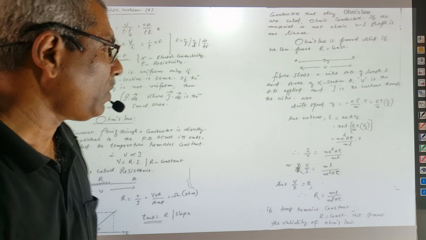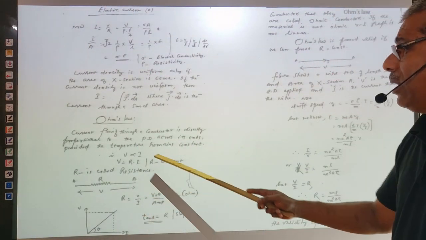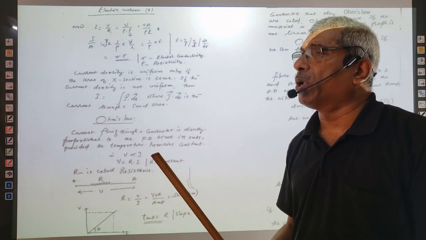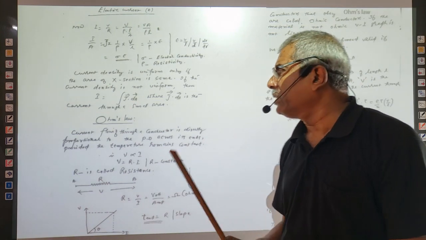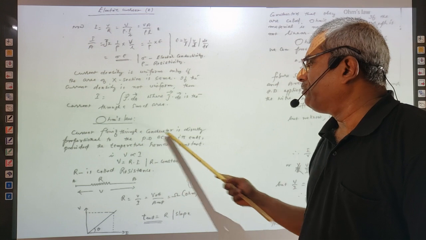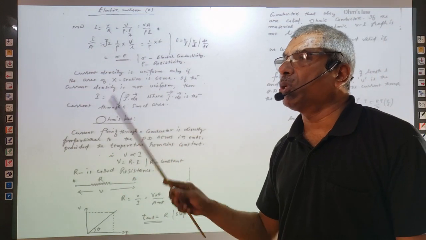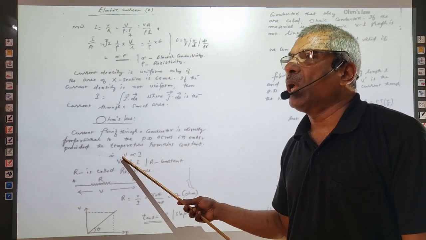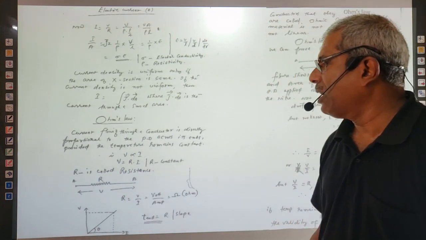to Ohm's law. Everybody knows Ohm's law. Current flowing through a conductor is directly proportional to potential difference, provided the temperature of the conductor remains constant. Accordingly, as the definition, we can write V proportional to I. Though we say current is directly proportional to potential difference, when we write mathematically, we write V proportional to I. That is the better way of writing this equation.